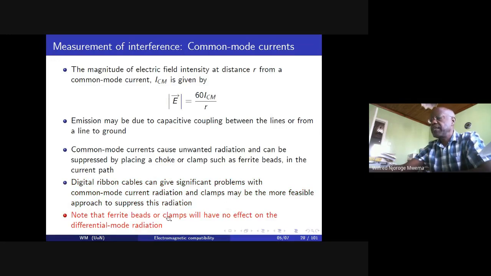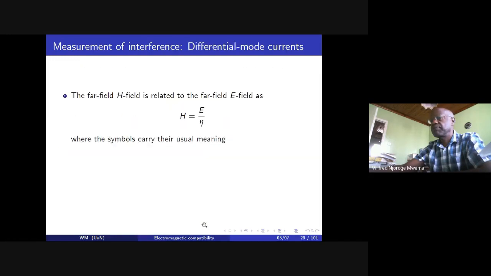We note that ferrite beads or clamps will have no effect on the differential mode radiation, however. For the differential mode currents, the far field magnetic field will be related to the far field electric field intensity as H equals E divided by eta.